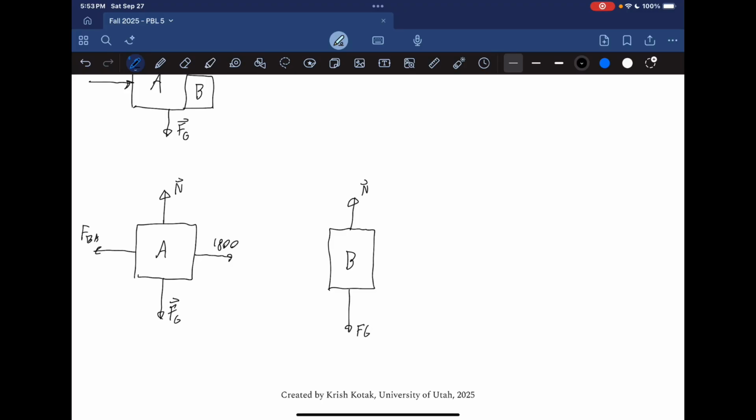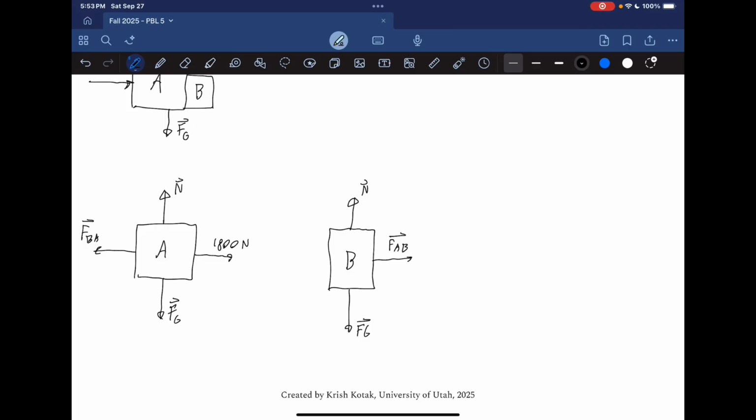It has its force of gravity. And then it has the force of A on B in this direction. And these are all vectors.